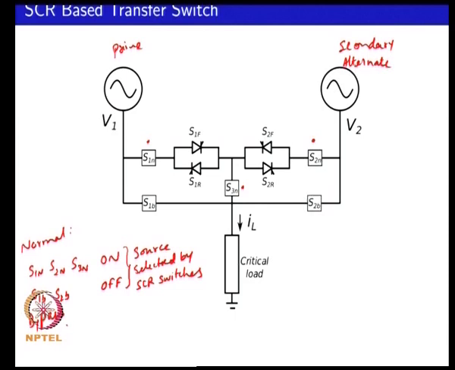where S1n, S2n, S3n is off and S1b or S2b is on, depending on which source you want to bypass to. Okay.